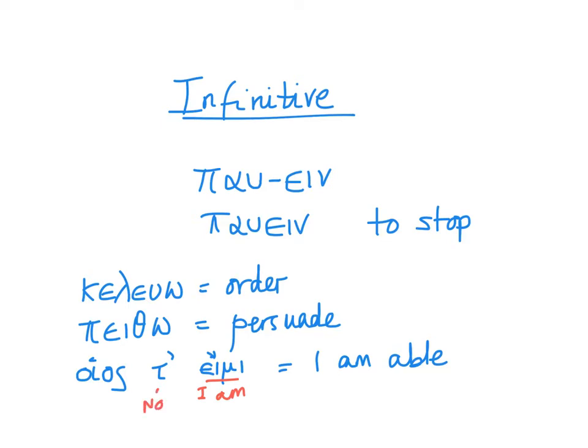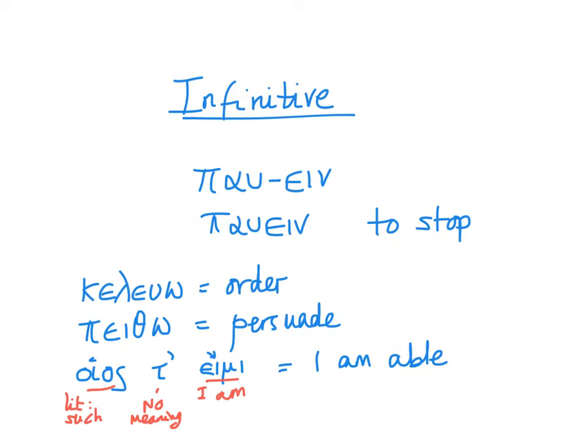Literally, te can be used to mean and, but in this construction it really doesn't have a meaning. And as for hoios, its literal meaning is such. But in this construction, you can think of it as meaning able.